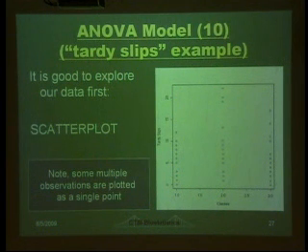The ANOVA model, as many other statistical approaches, is based on some assumptions. And these assumptions can be assessed if we use different plots. For example, you can look at a scatter plot. How many classes did I have? 3. So in this case, I have 3 groups: group 1, group 2, and group 3. And here I just plotted whatever number of tardy slips I had in my data set.